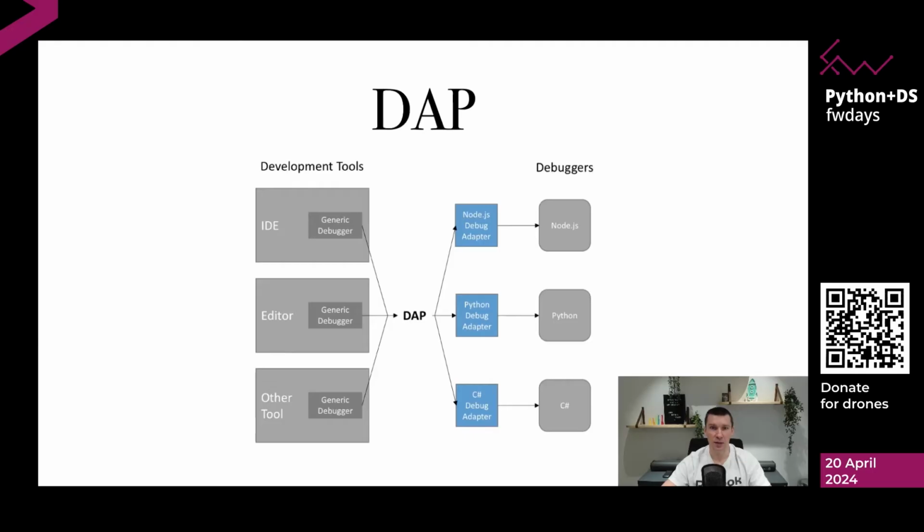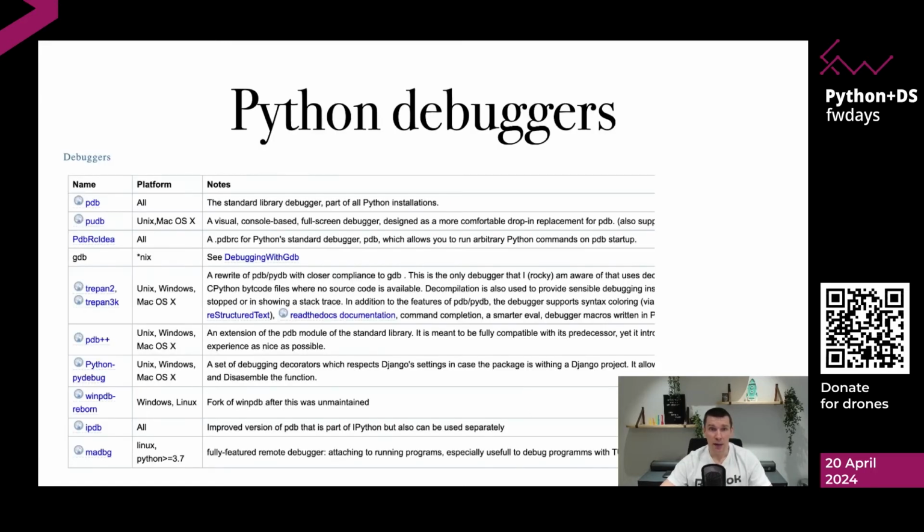This protocol makes it possible to implement a generic debugger for a development tool that can communicate between different debuggers and debug adapters. In Python, none of the well-known debuggers support the DAP protocol, unfortunately. This is from the official documentation, and we will discuss later which one does and why I'm showing you all this big list.